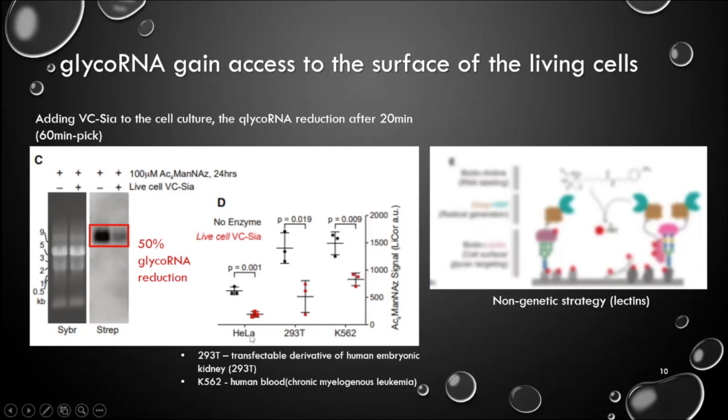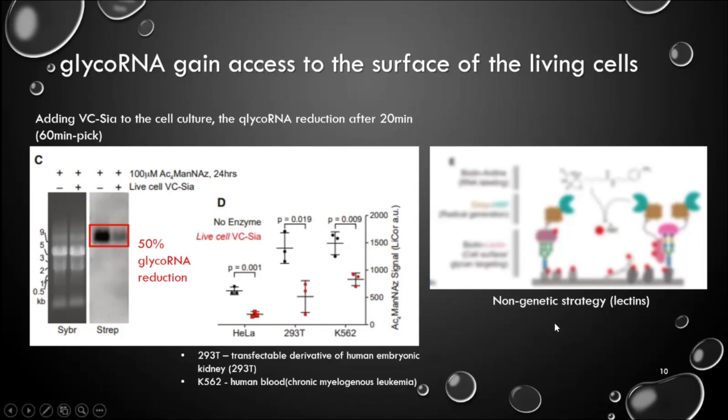So they performed an experiment with three different cell lines, HeLa, 293T and K562, the last one being in suspension, to show that there is a significant decrease in the glycoRNA signal after digestion.